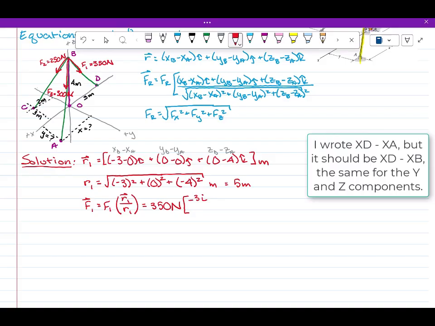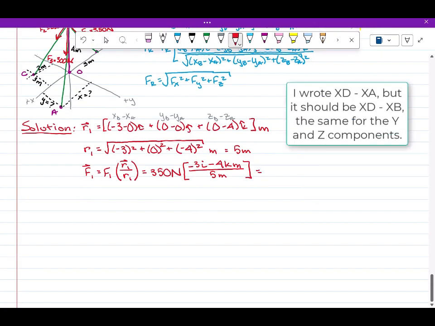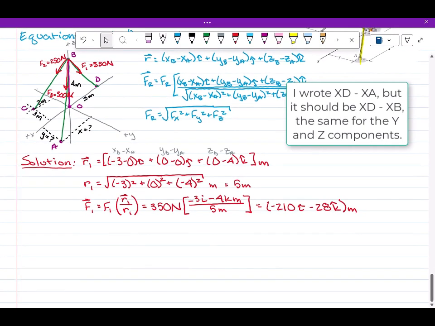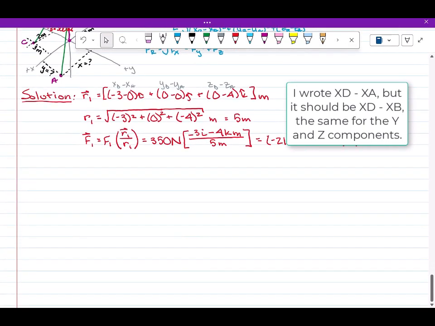That is equal to 350 newtons times (-3i minus 4k) m, divided by 5 meters. This gives us a vector for F1 of -210i minus 280k.